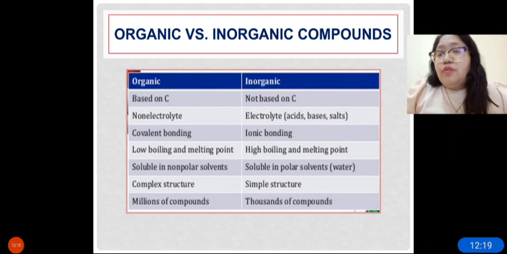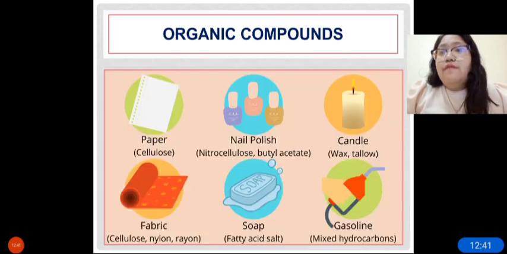Organic compounds are soluble in nonpolar solvents, and inorganic compounds are soluble in polar solvents such as water. Organic compounds have a complex structure, while inorganic compounds have simple structures. Organic compounds are made up of millions of compounds, while inorganic compounds are made up of thousands of compounds.